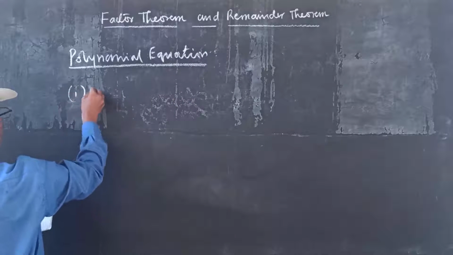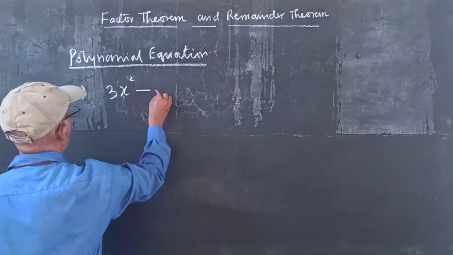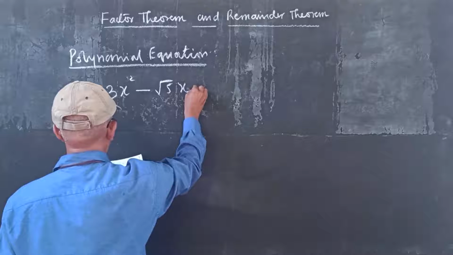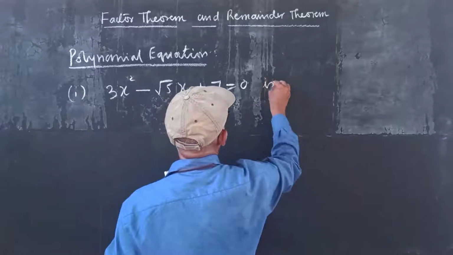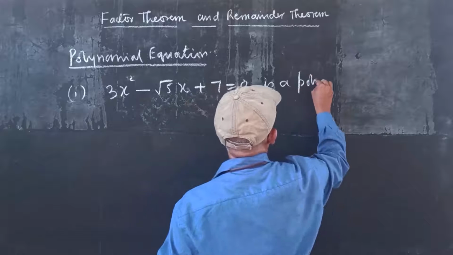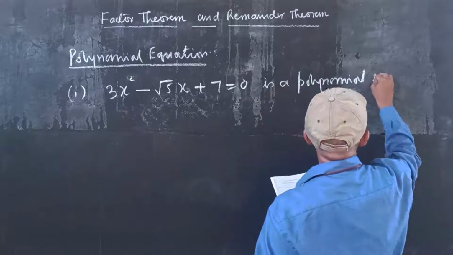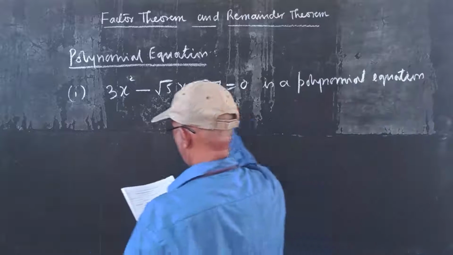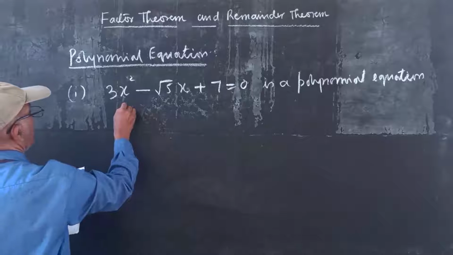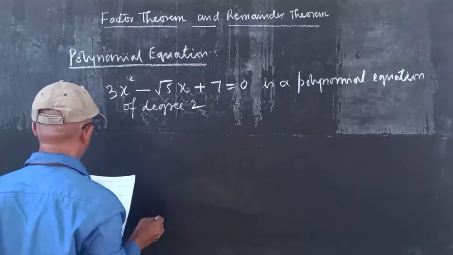This is the first example. 3x square minus root 5 x plus 7 is equal to 0 is a polynomial equation of degree 2.